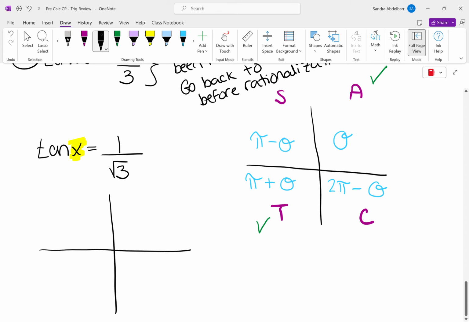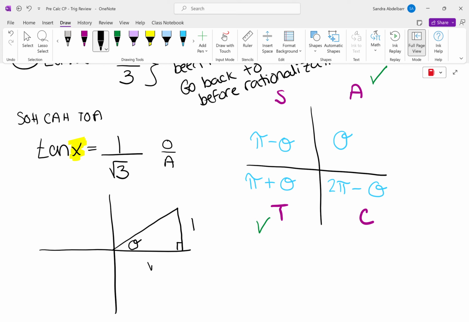Okay, so now I'm going to start. We said we're in quadrant 1 and quadrant 3. I'm going to make my triangle first in quadrant 1. And here's my theta. And isn't tangent based on SOHCAHTOA? Tangent is the opposite over the adjacent.